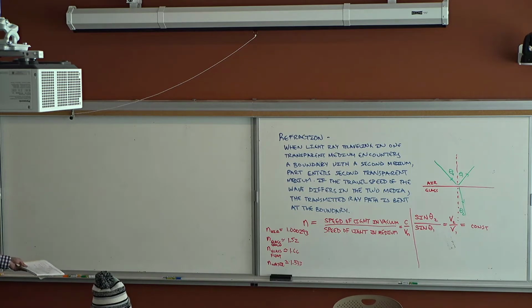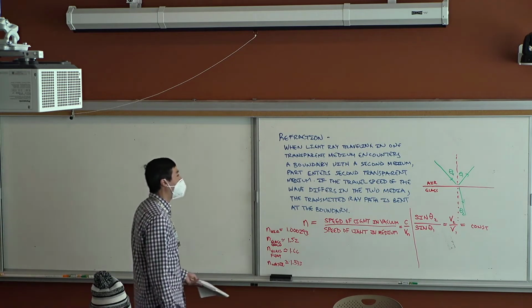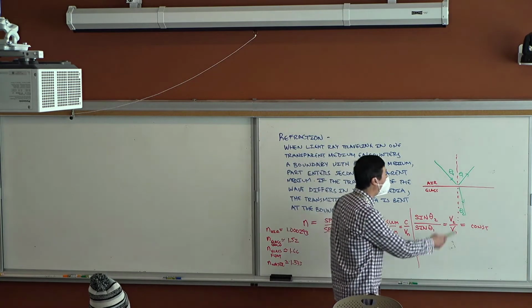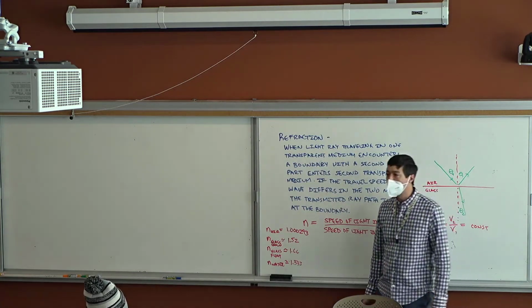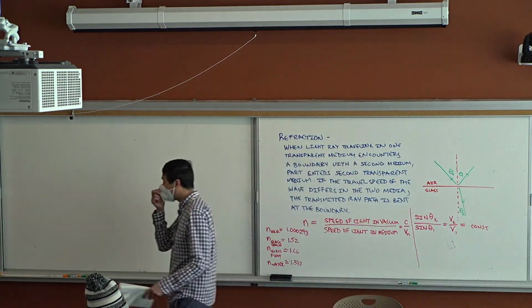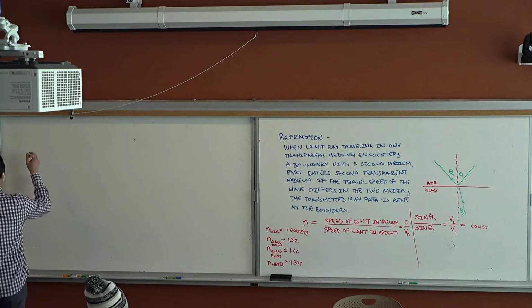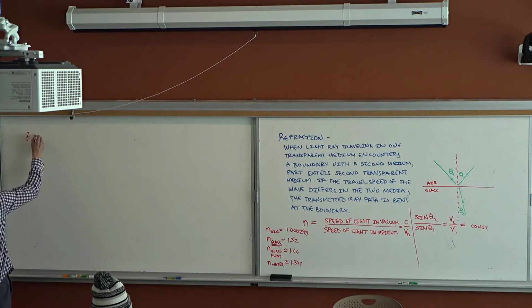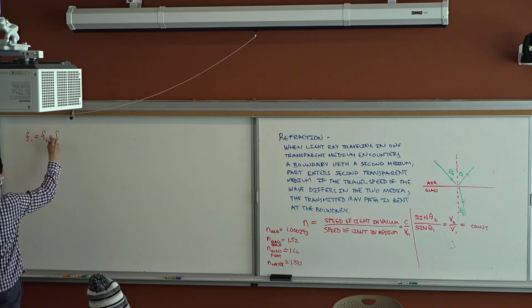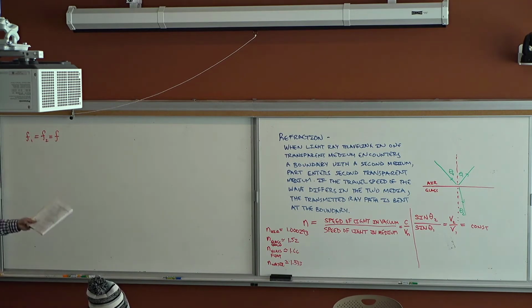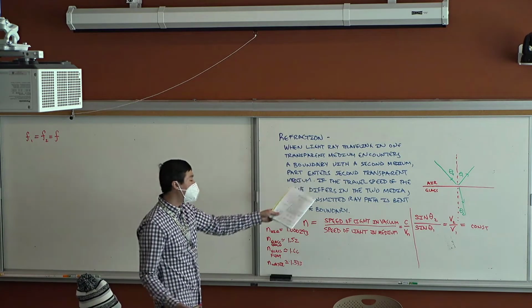So our working assumption is that frequency is preserved, but wavelength will change, and so we're going to say that f1 is equal to f2, which is just equal to f, in our case.